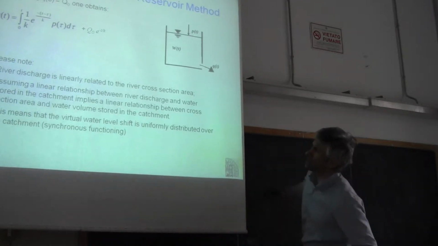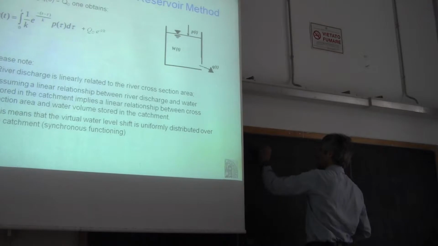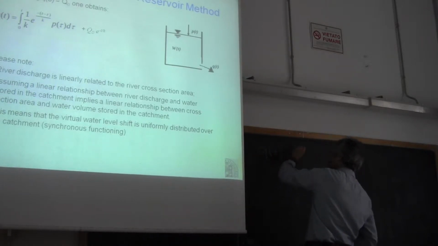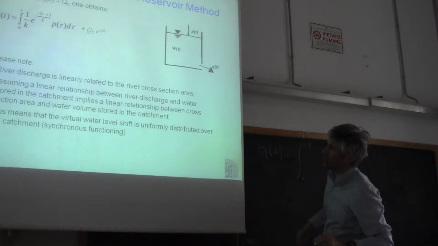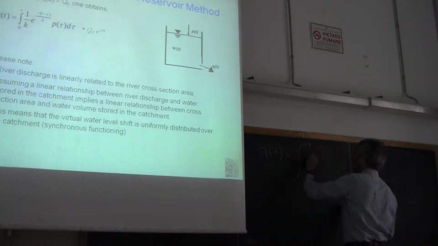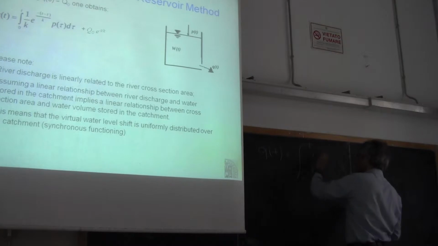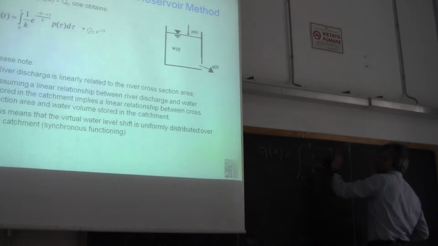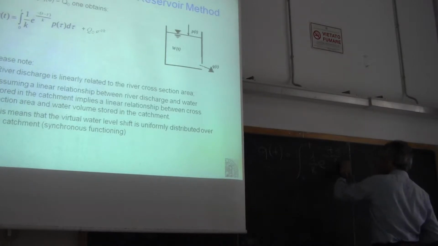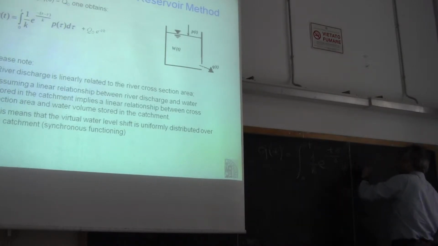So it's Q(t). Let me use the same symbols. Q(t) is equal to the integral between 0 and t of 1 over k, e to the power of minus (t minus tau) over k, multiplied by P(tau) d tau.